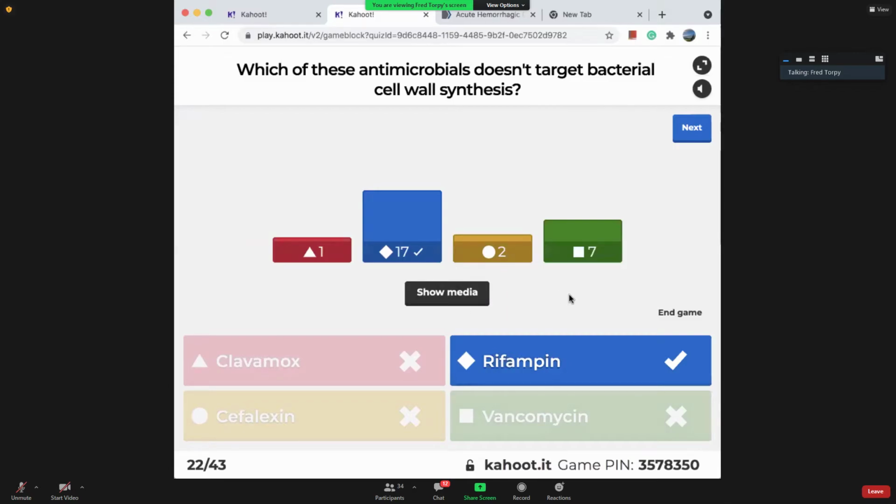And then Clavamox. Does anybody want to say our two ingredients of Clavamox? Amoxicillin and clavulanic acid. Yeah, exactly. So we have amoxicillin, a penicillin, a beta lactam. Cephalexin is a beta lactam. Those both target our cell wall. Does anybody know what generation of cephalosporins cephalexin is?